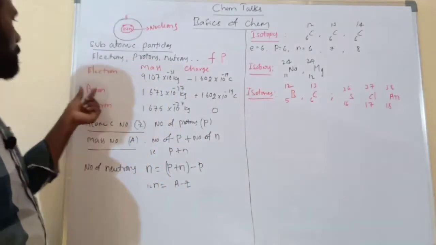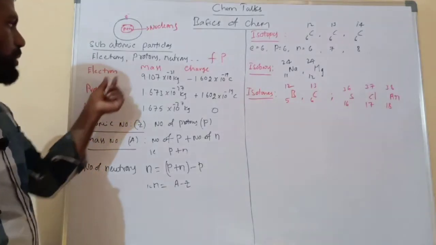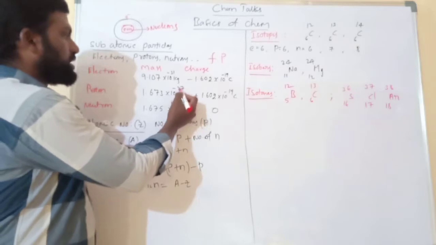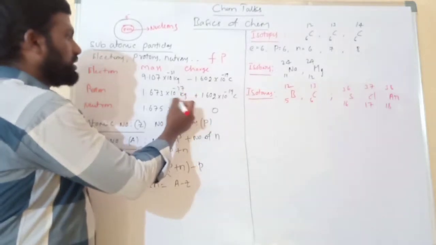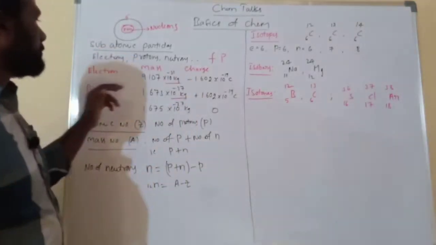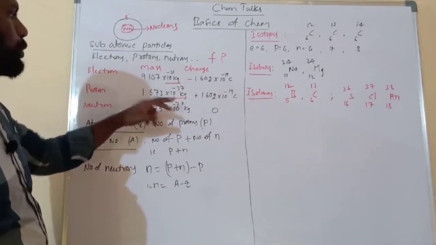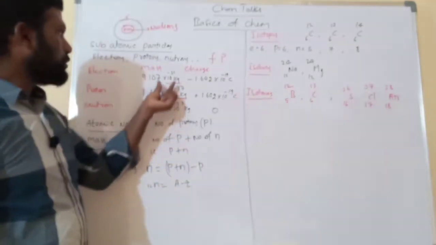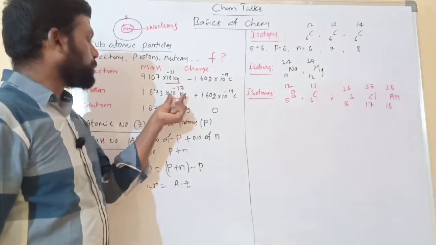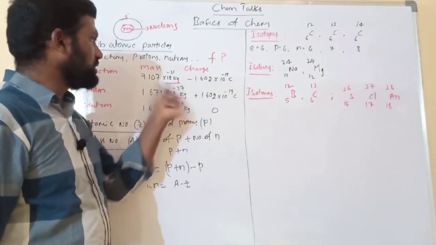Now let's come to proton. Mass of proton is 1.673 into 10 raised to minus 27 kg. Here, if you compare the mass of electron and mass of proton, you might have observed the difference. Mass of electron is 10 power minus 31 kg, mass of proton is 10 power minus 27 kg.